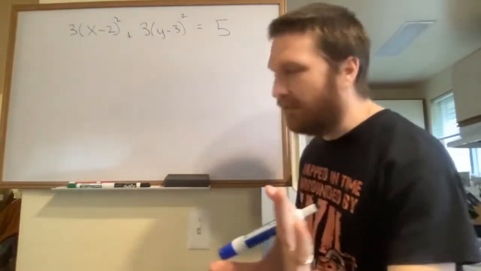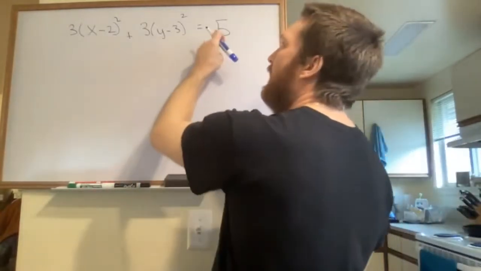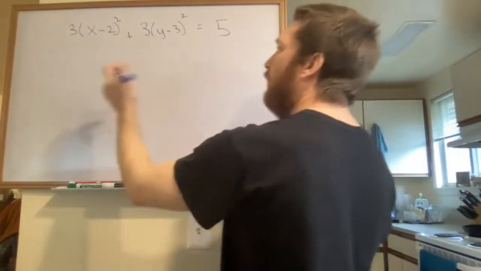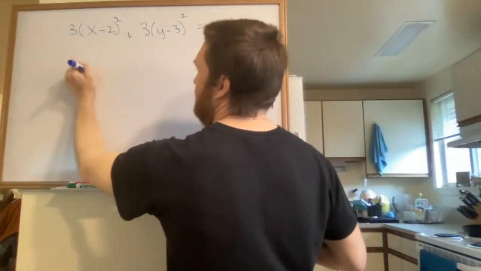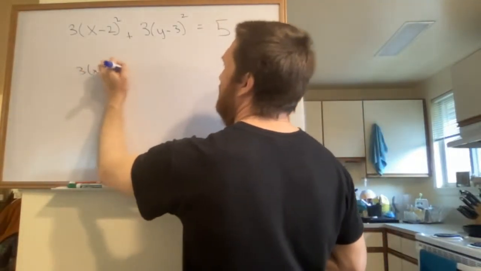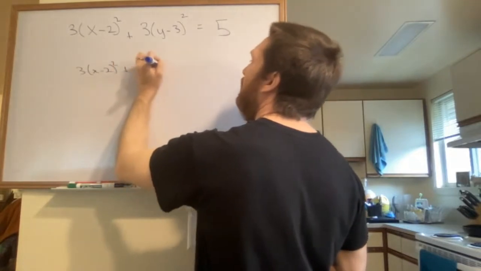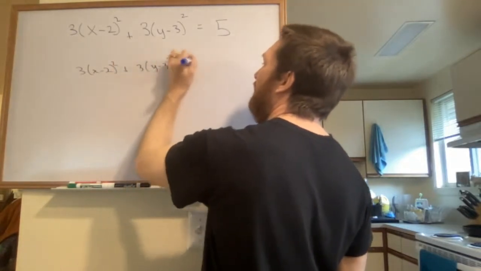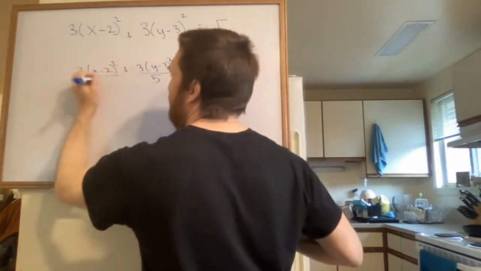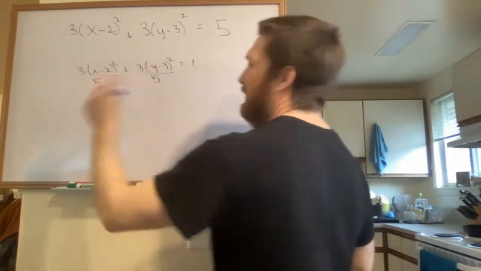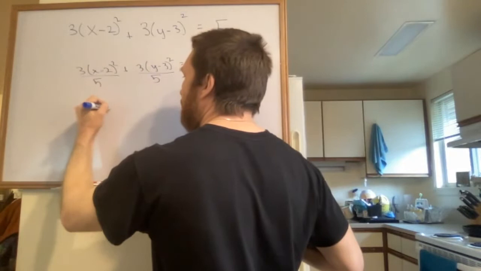Then I stop and go, well, hold on. If it's an ellipse, then if I get this side over to 1, and I'm just going to do this real quick, let's just watch. I would need a 1 over here, which means I would need to divide this entire thing by 5. And so I go 5 and 5. And now I'm just saying, oh, it's an ellipse. Let's just keep going.